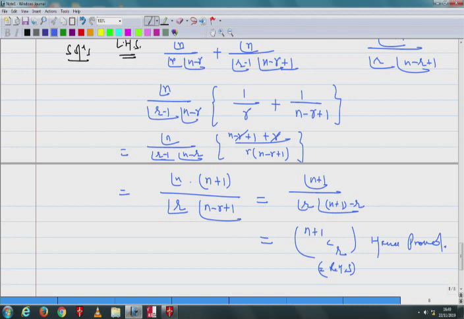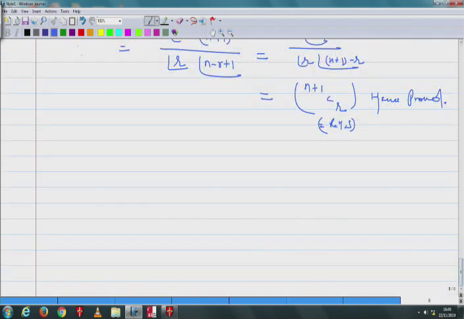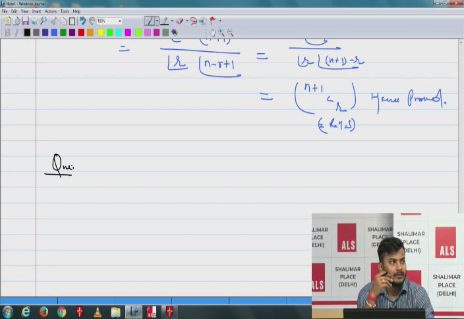Clear, very good. Next question is, and probably the last question for the day. And guys, in the next class, we will start a new chapter, which will be straight line. Straight line, circle, and then conic. And after that, we will be almost finishing the 11th mathematics.